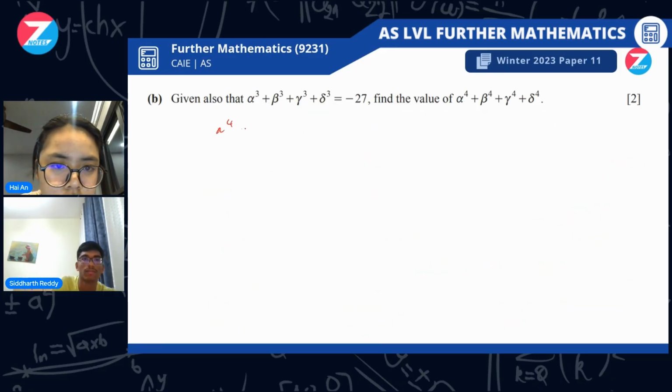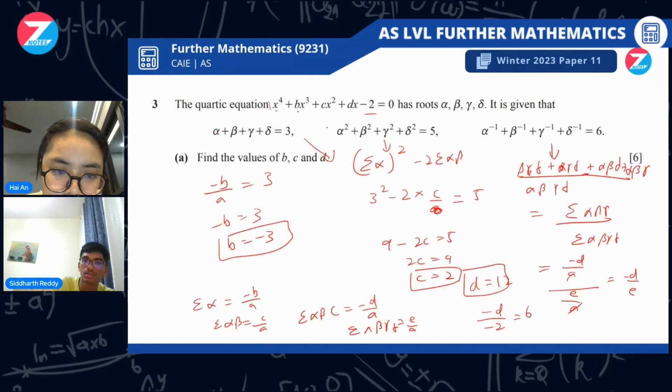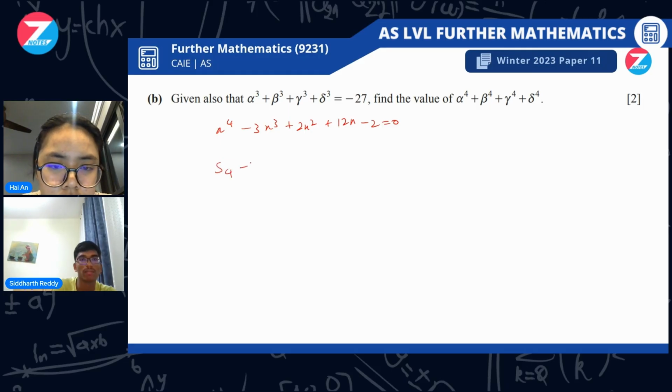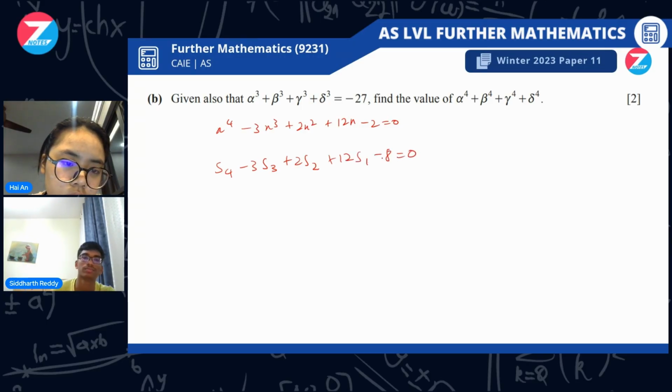So it's minus 3x cube plus 2x square plus 12x minus 2 is equal to 0. Right? So S4 minus 3S3 plus 2S2 plus 12S1 minus 8 is going to be equal to 0.